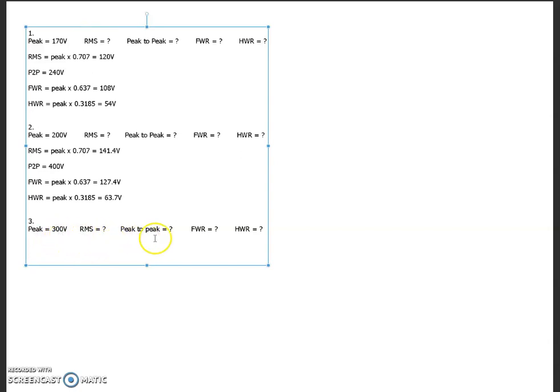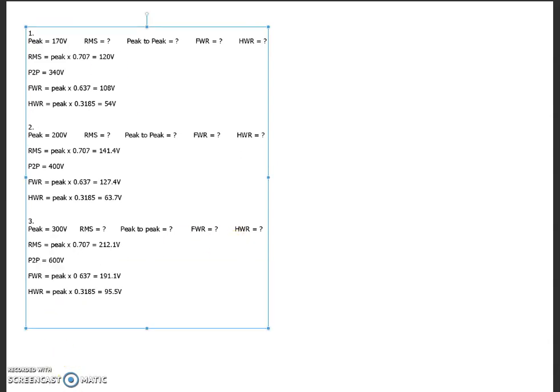What is the RMS, peak to peak, full wave, and half wave rectification? Pause now. We'll be back right now. So the RMS, 212.1, peak to peak, 600, 300 volts times 2. Full wave, 191.1, and half wave, 95.5.